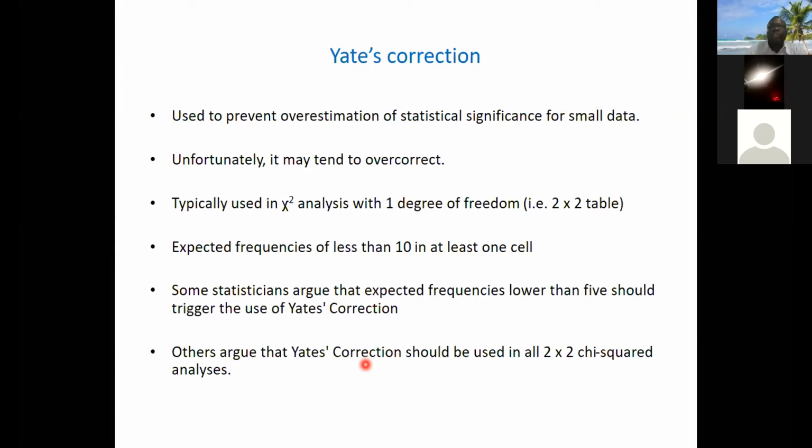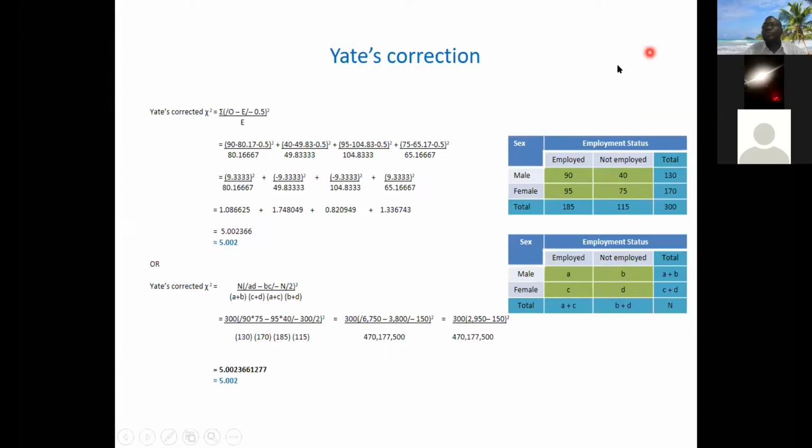So how do they do the correction? Let's look at the correction. The logic: in that formula, when you take observed minus expected, before you square that difference, you remove 0.5. That's the correction you put in the formula. That's all. And it's an absolute difference.